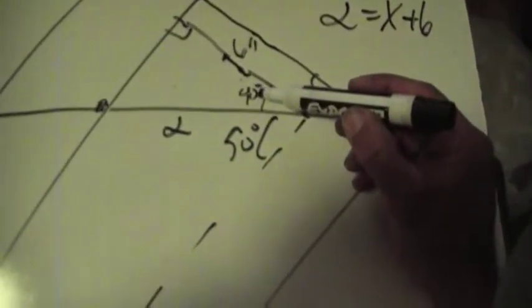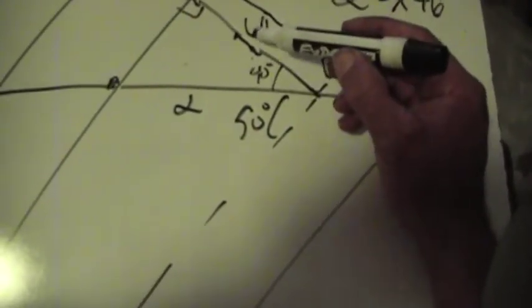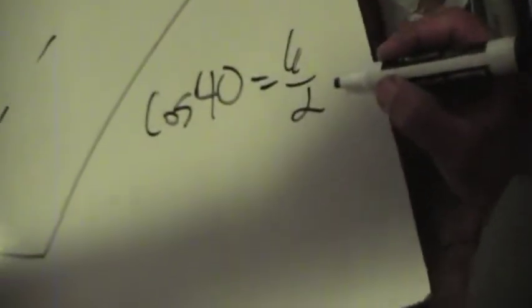So we've got some pretty basic trigonometry here. We know that the cosine of 40 degrees is 6 over alpha. So cosine 40 equals 6 over alpha.